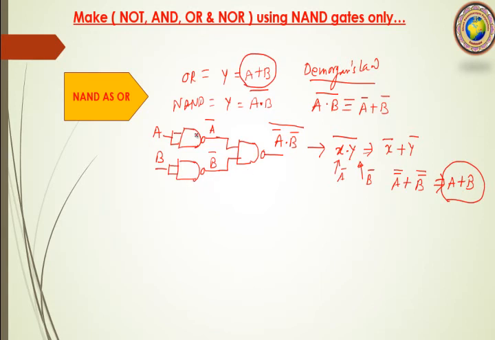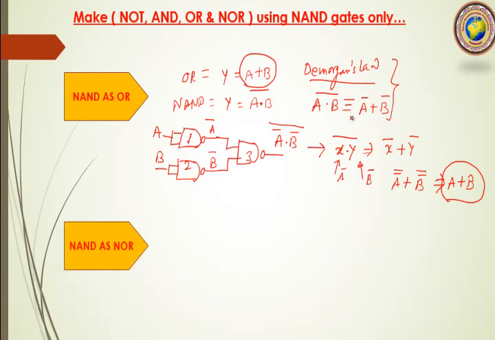So these three gates set in this manner, 1, 2 and 3 NAND gates, we can make a NAND as an OR gate. So to prove that gate we have to use De Morgan's law. So this is our NAND as an OR gate.